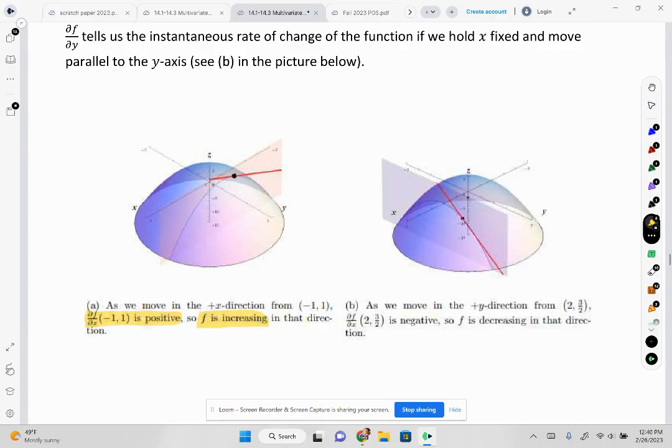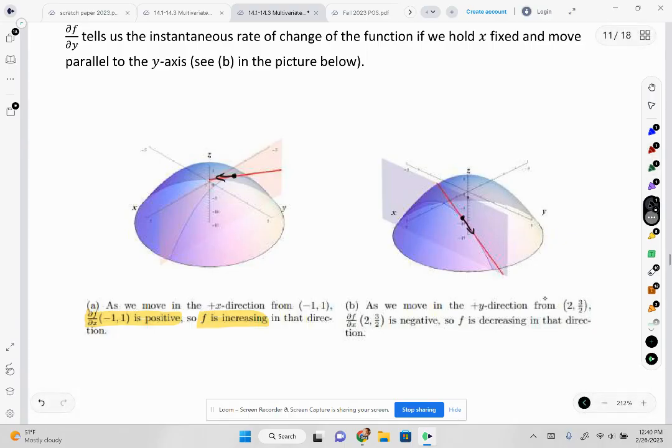Now, on this other one in part B, we have a point fixed. We are at the point 2, 3 halves. So out 2 on x and over 3 halves on y. If we were to move parallel to the positive y direction, we would be going this way, so I should indicate that here. And so we would be going down the hill.